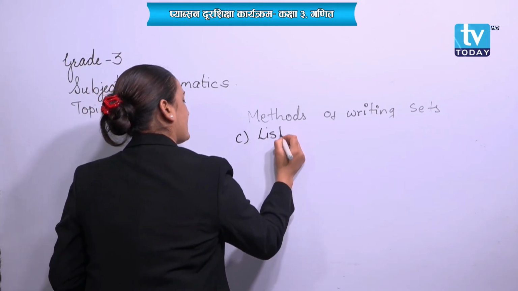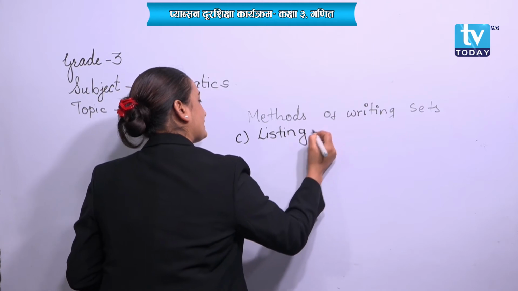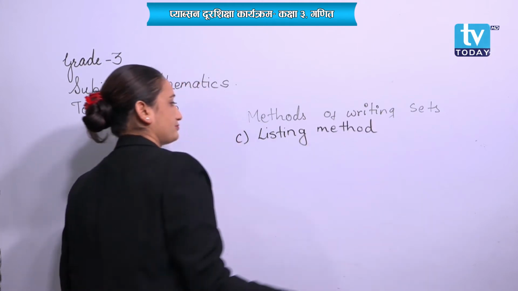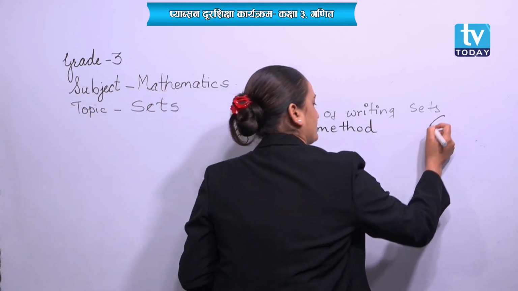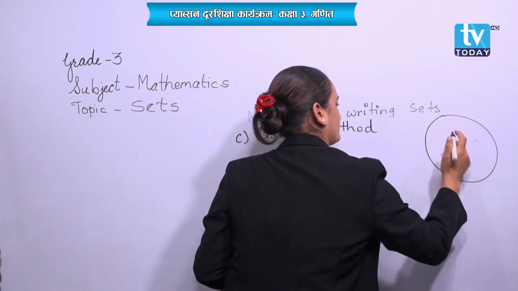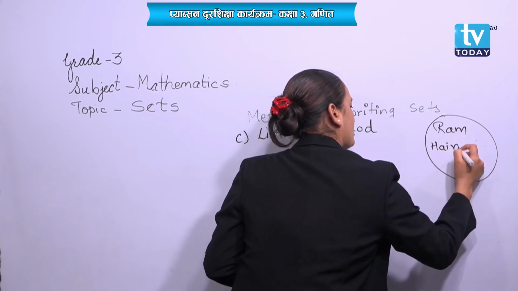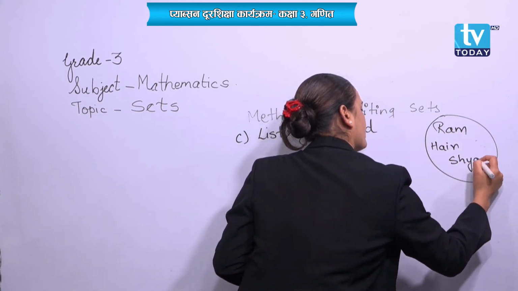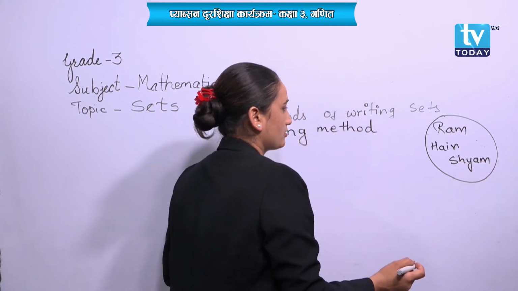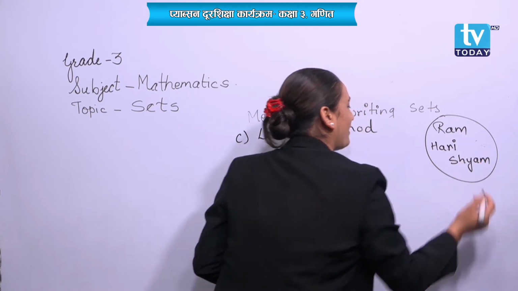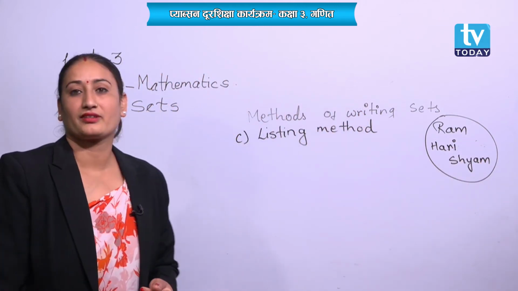Okay, let's write it through the listing method. Ram, Hari, Sam.